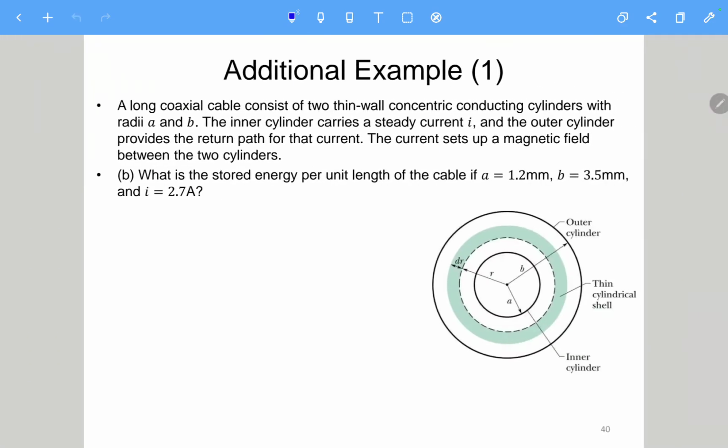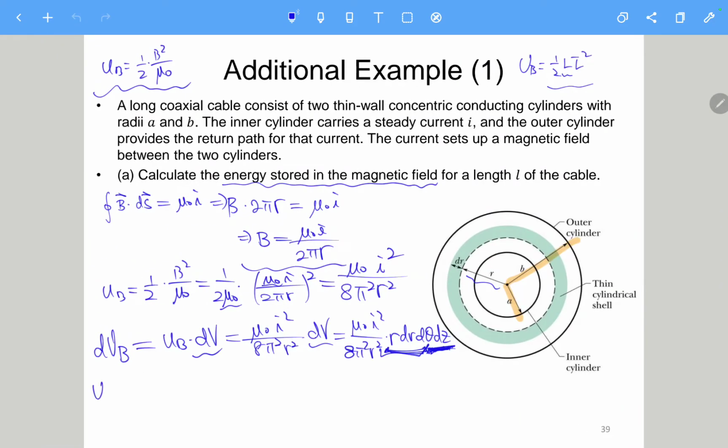Okay, so here we have the overall UB, the capital UB, is the integration of dUB. So mu 0 I squared over 8 pi squared are all constant to r, theta, and z. So nothing special.